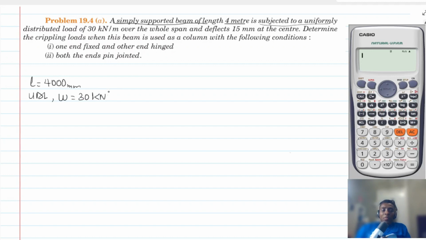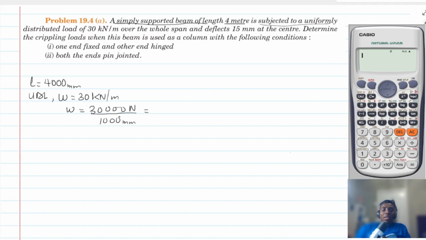So 30 kilonewton per meter is the same as 30,000 newton divided by 1,000 millimeters.